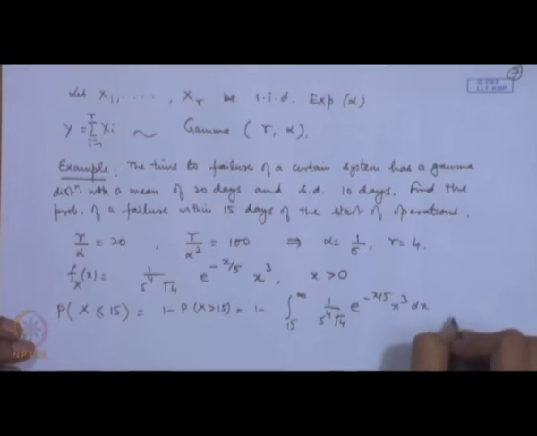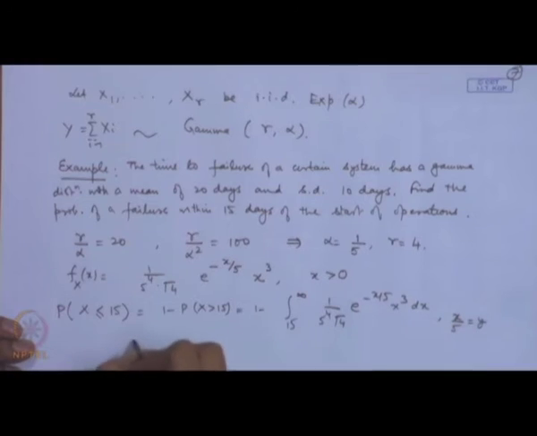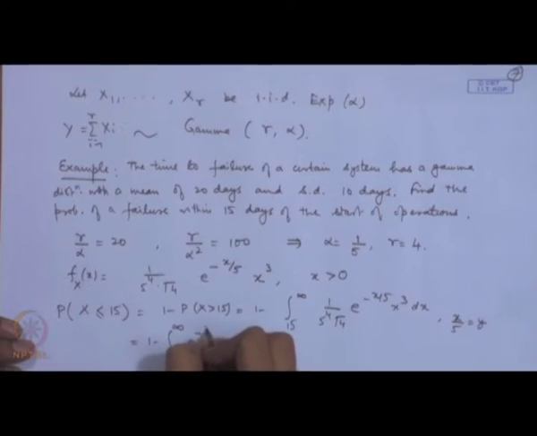Now, in this one we can substitute x by 5 equal to say y, then it will give 1 minus integral 3 to infinity e to the power minus y, y cube and 1 by gamma 4 dy. Now, this can be evaluated using integration by parts, actually it is an incomplete gamma function and the value turns out to be 0.3528.